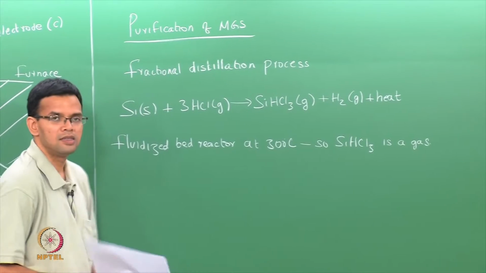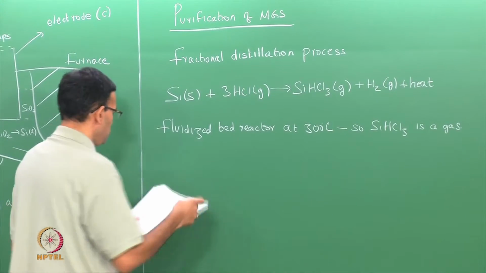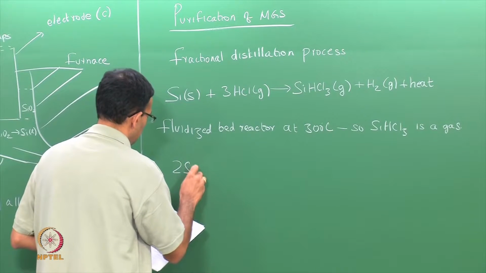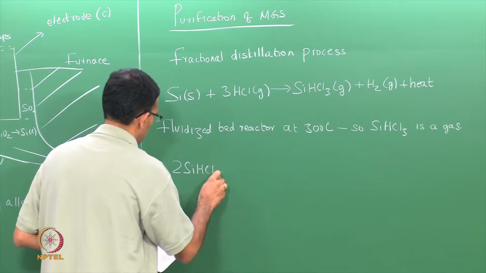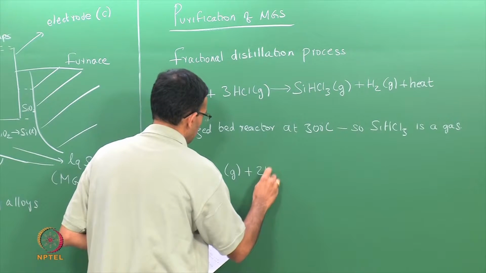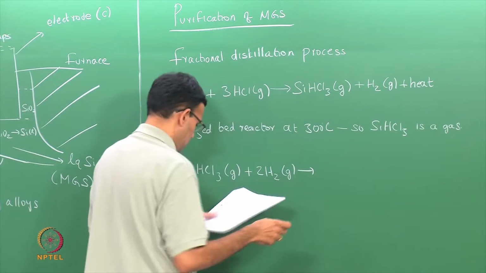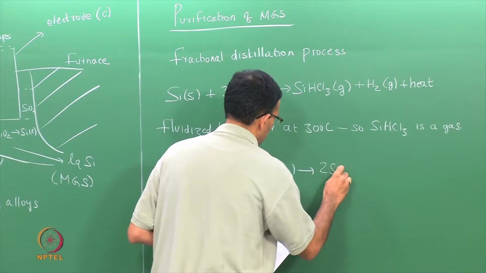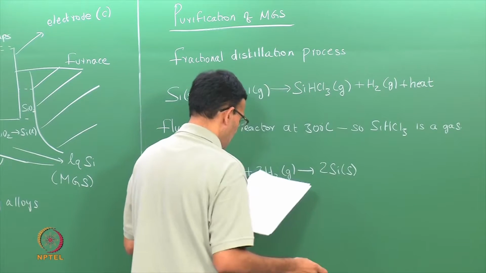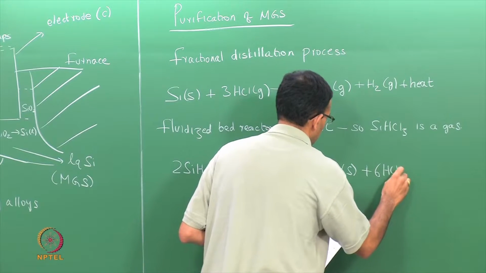This gas is then separated by fractional distillation and then reduced using hydrogen. SiHCl3 plus hydrogen gas to silicon solid plus HCl gas.